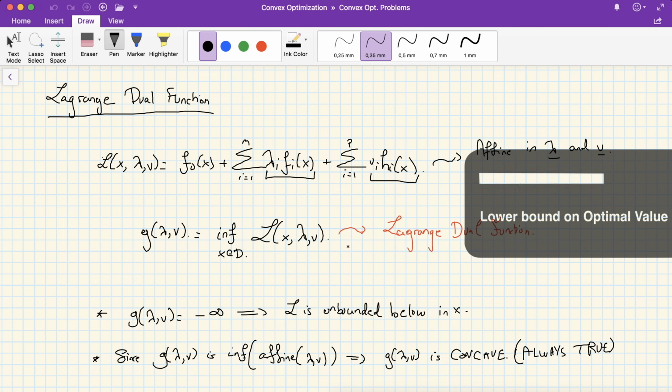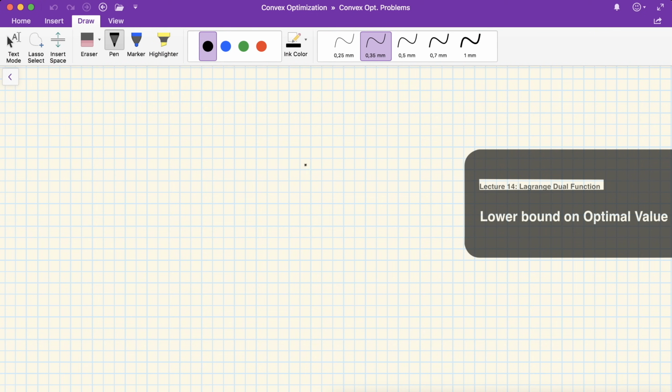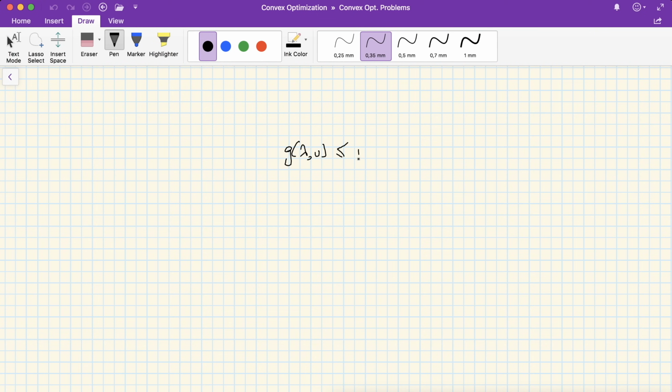Now let's look at something really important, which is a bound on G, the Lagrange dual function. It turns out that G(lambda, mu) is upper bounded by the optimal value p star of the problem. So we can call this subtopic the lower bound on p star, the optimal value.